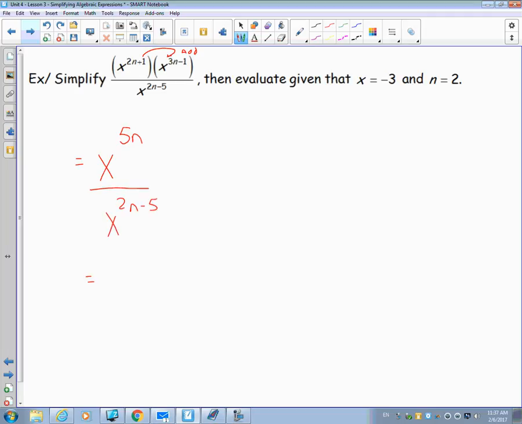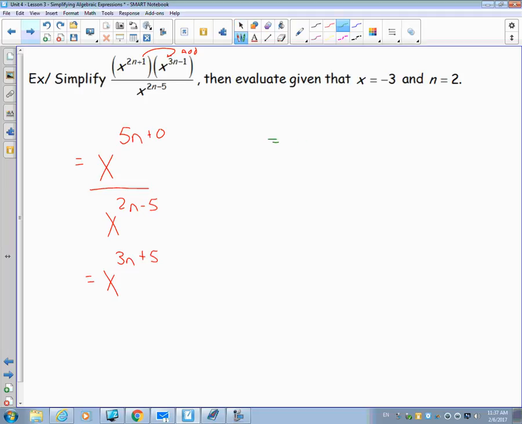I've got division now, so I can subtract my exponents. 5n minus 2n is 3n, and think of the other as 0. 0 minus -5 is plus 5. It's simplified. Now we can evaluate.